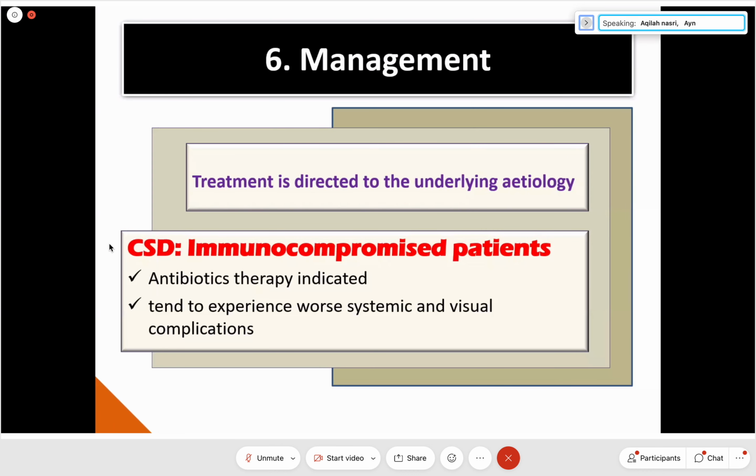How about the management? As we know, it is caused by various infectious or inflammatory processes. So treatment is basically directed to the underlying etiology. I just want to highlight that in cat scratch disease, Bartonella infection in immunocompromised patients tends to have worse systemic and visual complications.